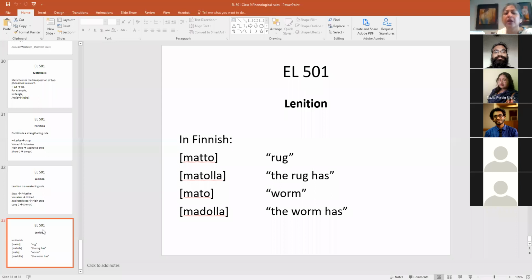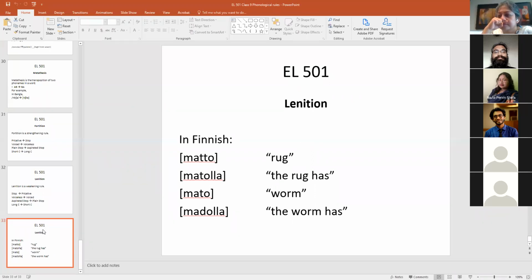So weakening rule. Again, for the word mato, which is worm, the worm has becomes madolla. So madolla from mato is again a voiceless sound becoming a voiced sound. This is a lenition rule. In your assimilation, when you say cats, the voiced sound becoming a voiceless sound, is that lenition or fortition?